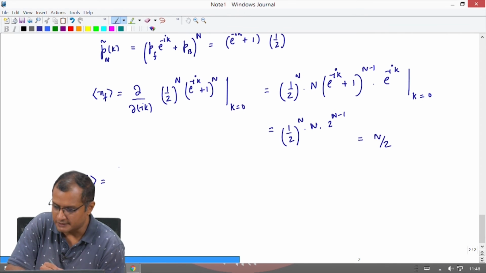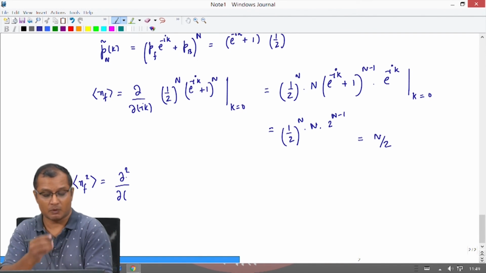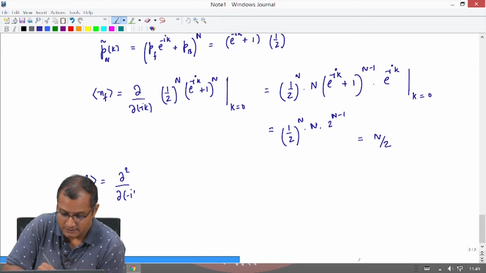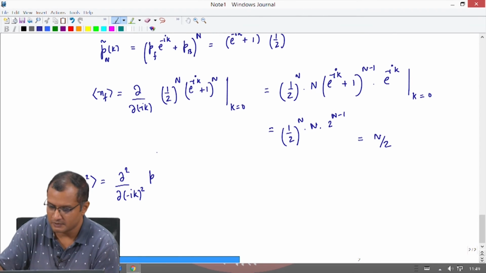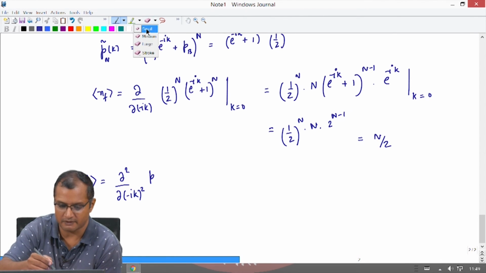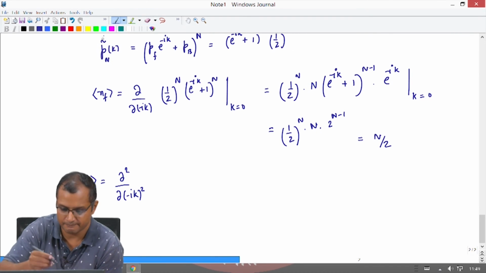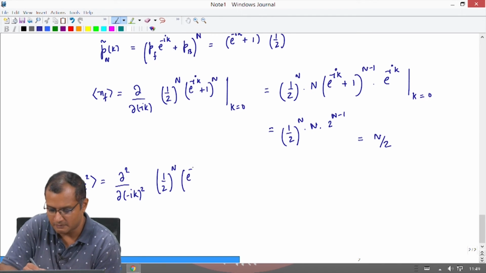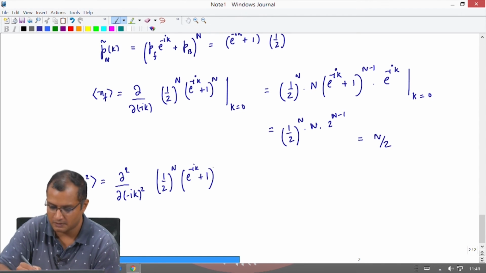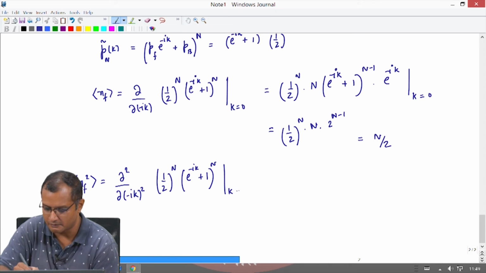So, the second moment is the second derivative of the moment generating function, which I am going to just write from the formula above. So, which is nothing but 1 by 2 to the power n into e raised to minus ik plus 1 to the power n at k equals 0.